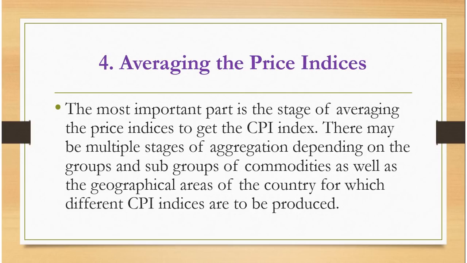The last important thing is how to aggregate the price indices of single commodity to reach the final CPI index. So while producing the final CPI index, there are multiple stages of aggregation depending on how many groups and subgroups we have and how many geographical divisions of the country we have for which the CPI are to be produced.